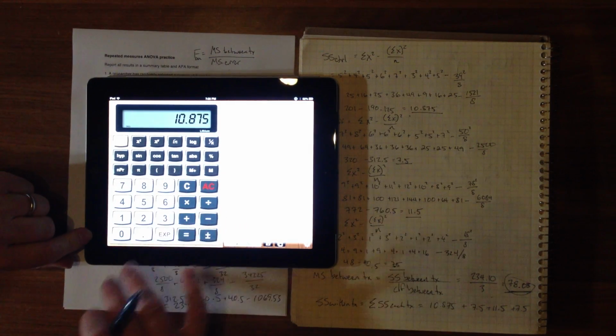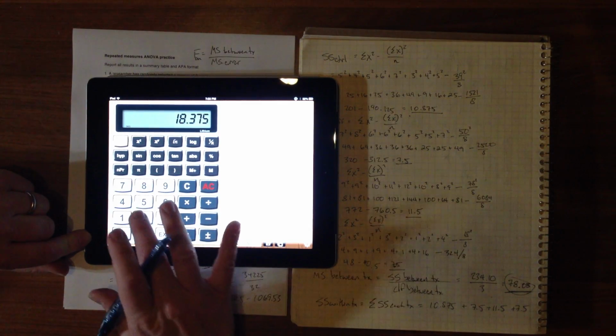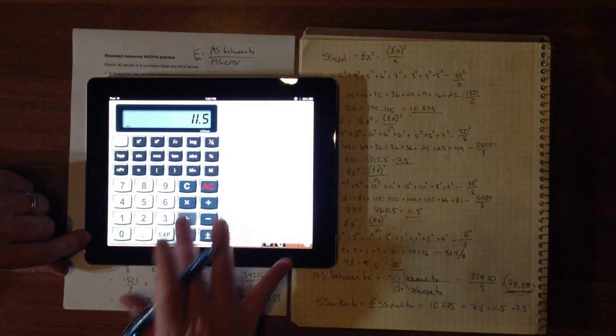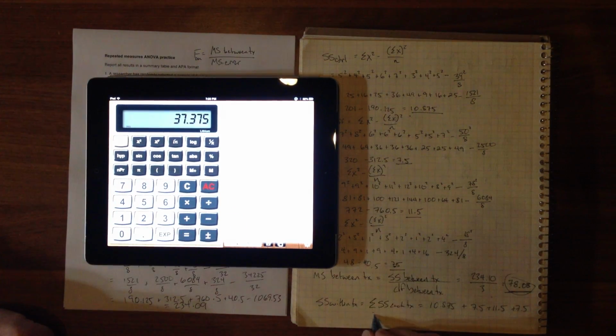There we go. So I get 37.375 for sum of squares within treatments.